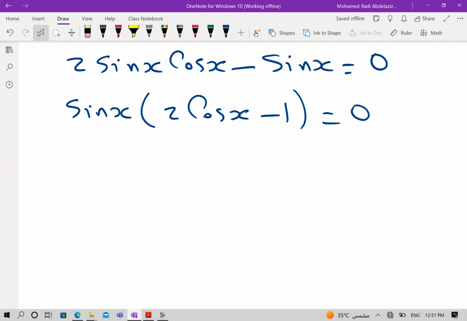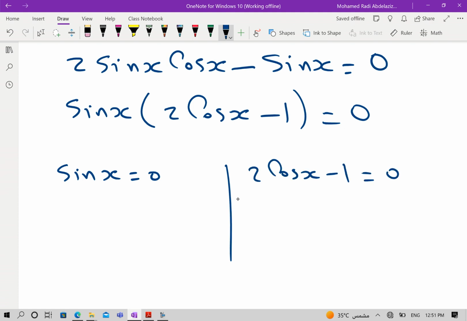Their product is 0. Maybe the first factor is 0, or 2 cosine x minus 1 is 0. The first one, sine x is 0: 0, 180, 360. If you recognize the graph of sine, the answer is 0 degrees, 180 degrees, 360 degrees.